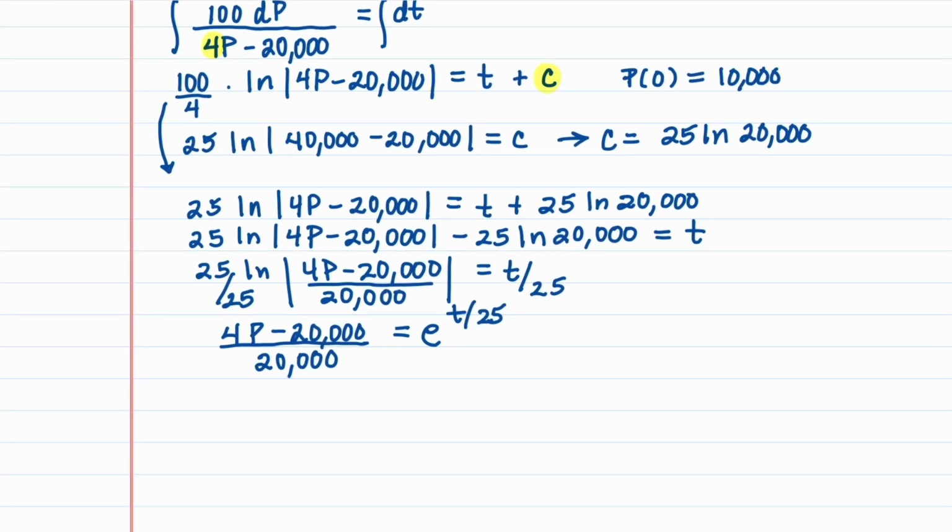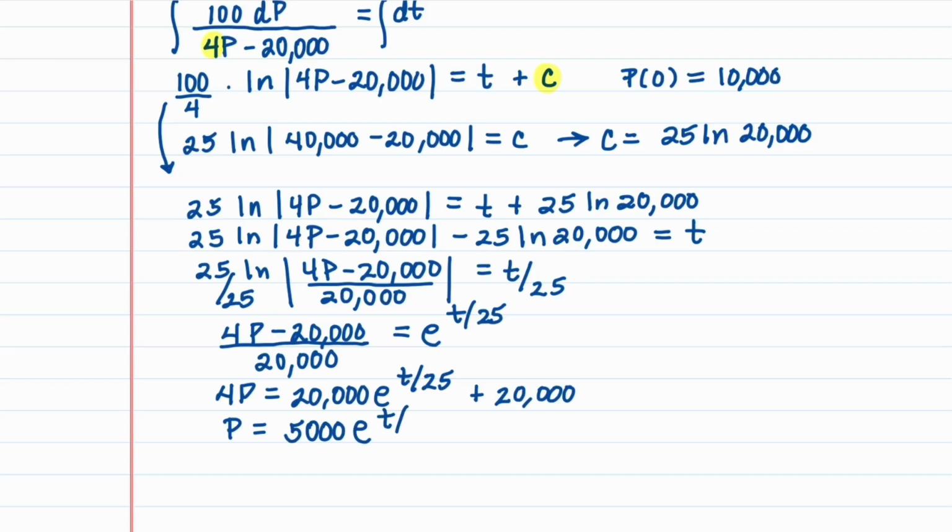Let's now solve for P. So we have 4P is equal to 20,000 e to the t over 25 plus 20,000. And then all we have to do is divide by 4, and we get P is equal to 5,000. Hang with me, we are almost done.